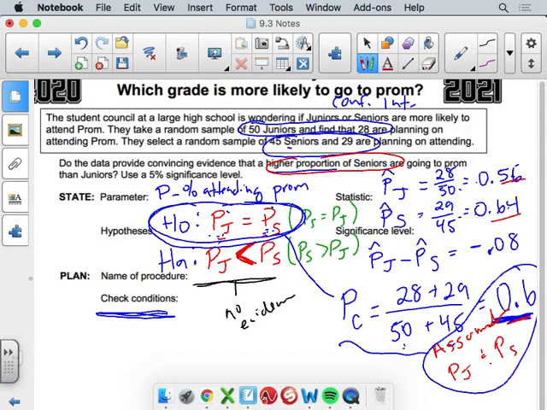So if I take us back, I set up the null that they're equal, and the alternative is what we thought. A big difference here is that since we're going under the null that they're equal, I have to do this whole combined business. I go under the assumption that those are the true proportions of juniors and seniors for the rest of the problem.